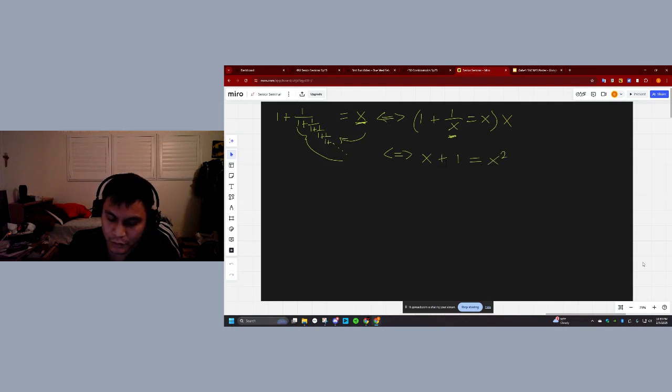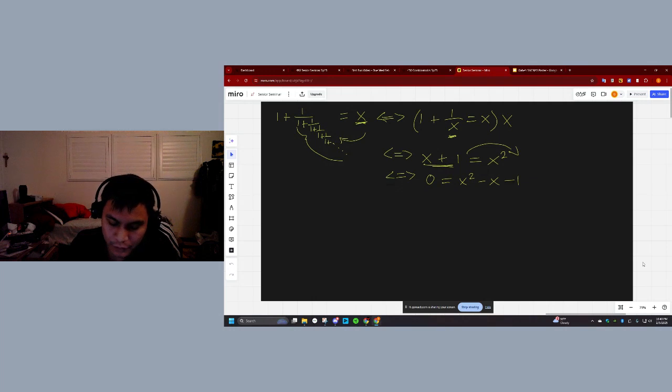And then, because I want to keep the lead coefficient of this x squared positive, we're going to move these terms over to the other side. And so that's going to look like this. All right, now we have a quadratic equation that we can solve with the quadratic formula.